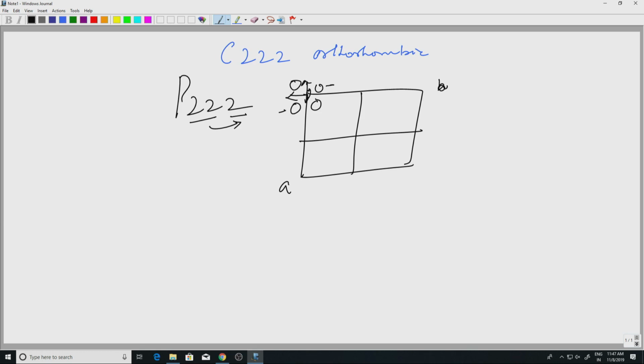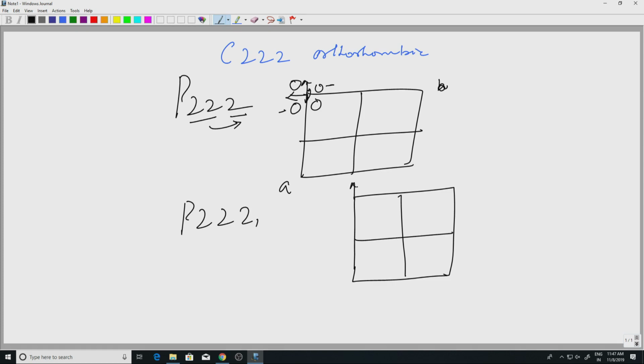Now when we go to P2 to 1, interestingly here, when we consider the same way as the two two-fold along A and B, when we operate, we end up only in a two-fold. This 2-1 is not generated.